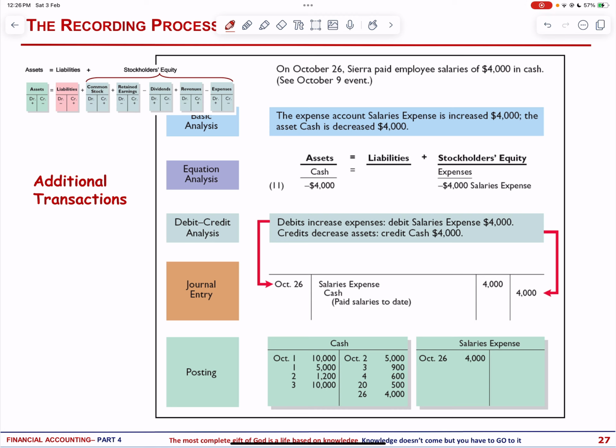On October 26th, they have paid employee salaries of 4,000 in cash, and when they are paying salaries of 4,000, our cash will decrease and expenses are increasing. So, salaries expense is debit and cash is credit.